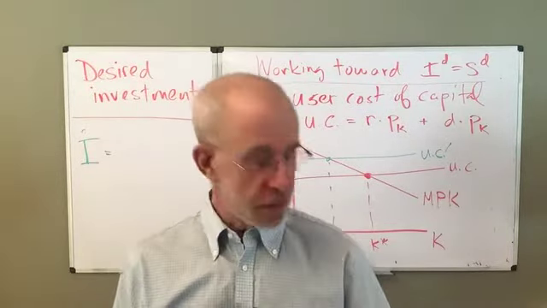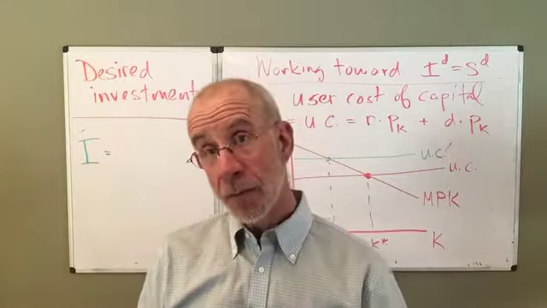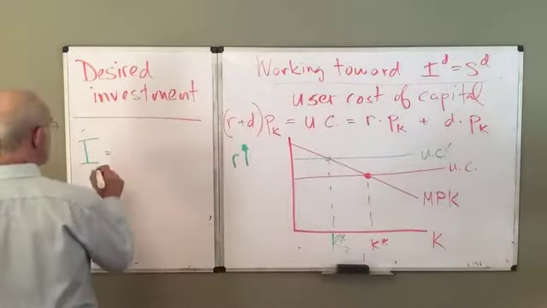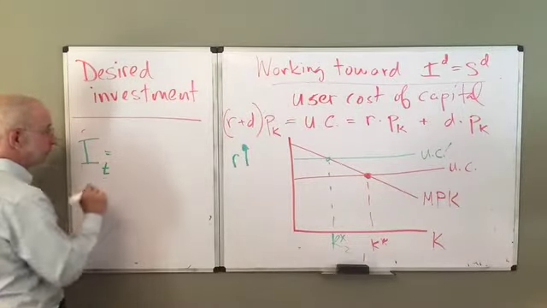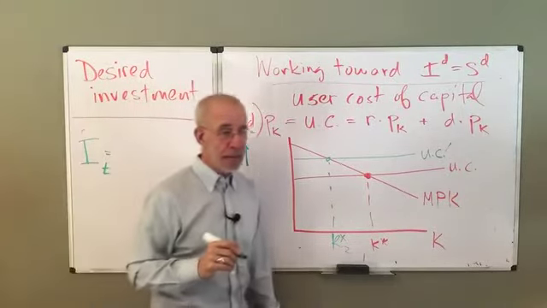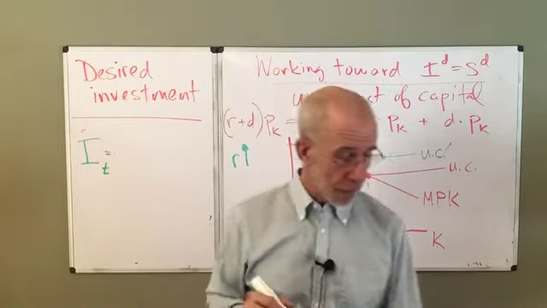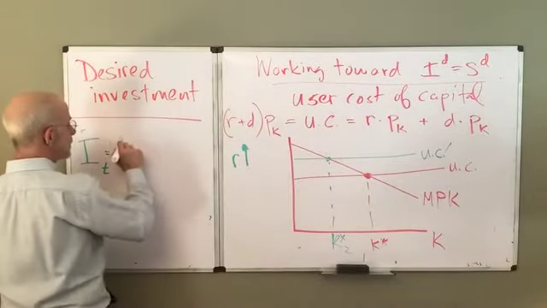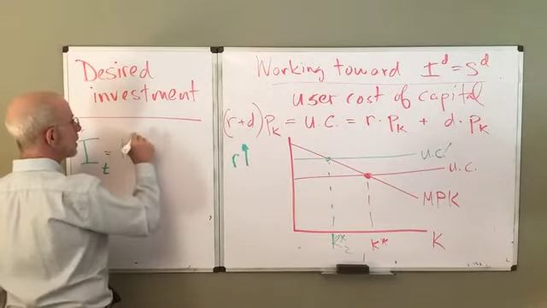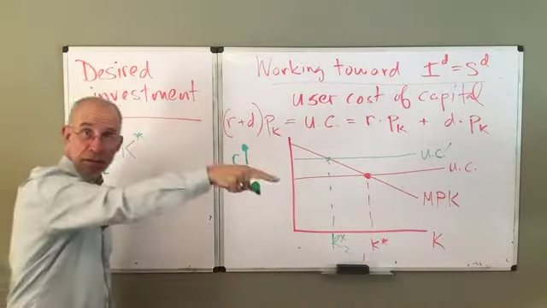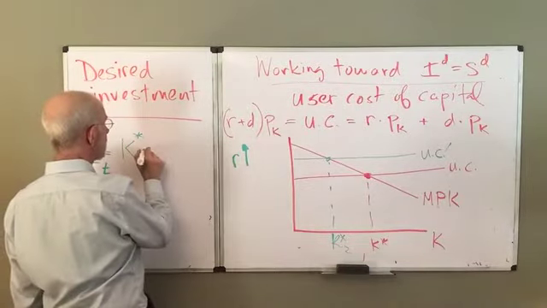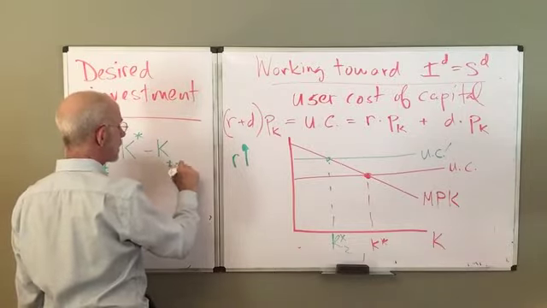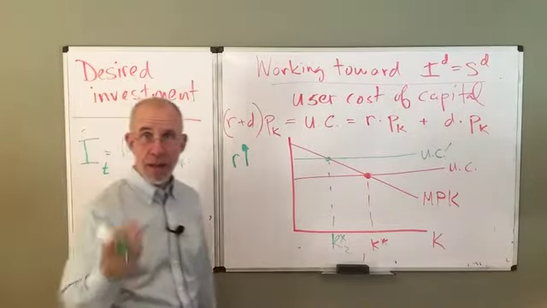Again, we're very much interested in how firms decide to choose this, and that is going to be, okay, the investment in time t is going to be equal to the difference between the desired capital stock, that's the target, minus the capital stock in the previous period, which we denote by t minus 1.